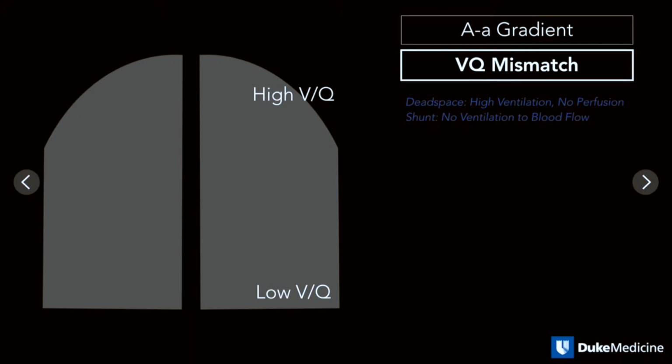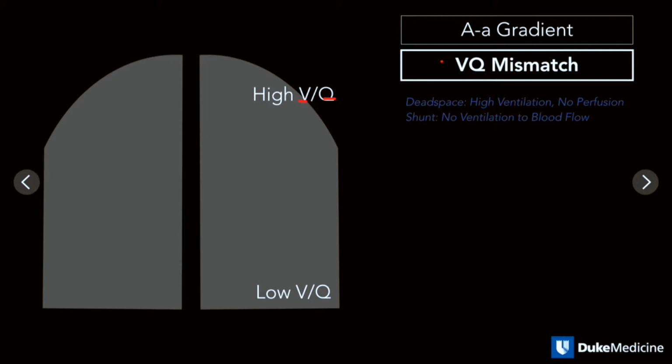So what are causes of a high AA gradient? We'll talk about things like shunting, diffusion impairments, and VQ mismatch. VQ mismatch is the most common cause of hypoxic respiratory failure. Everybody has a difference between ventilation and perfusion in normal lungs. V for ventilation, Q for perfusion.